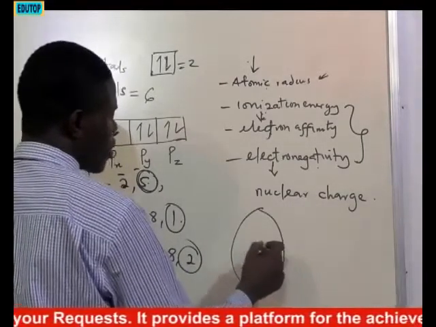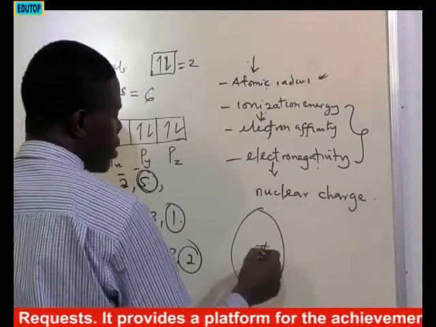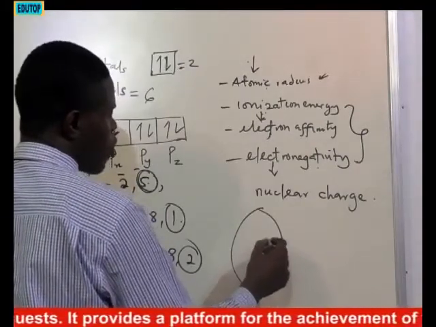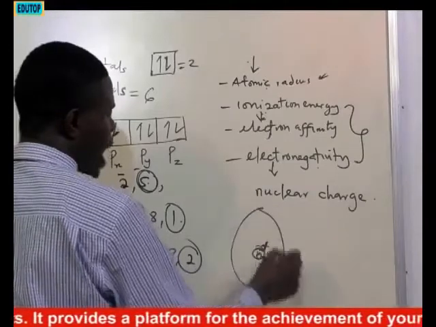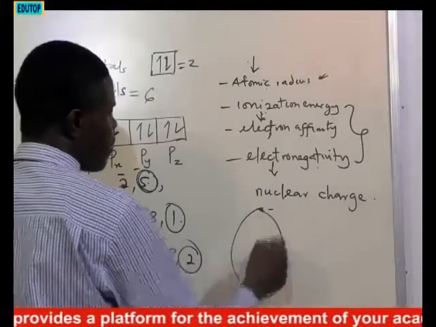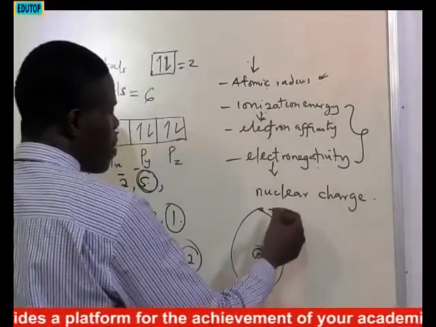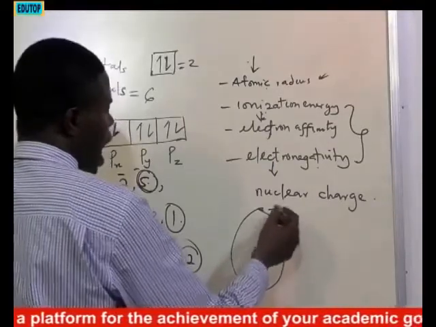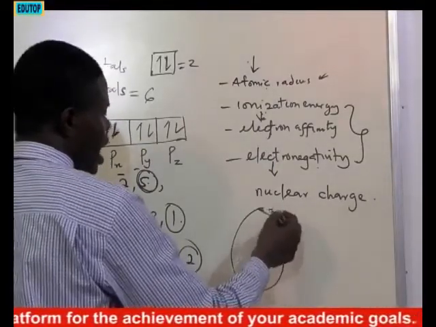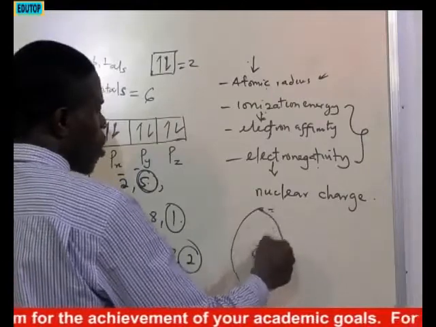Inside, the nucleus is positively charged, because the charge of the nucleus is assumed by the proton, while what is revolving around is negatively charged.